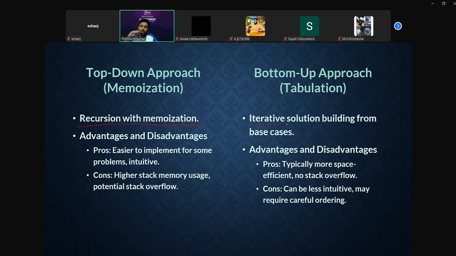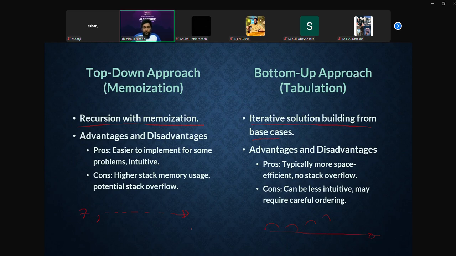Bottom-up has iterative solution building from base cases. Like we build the Fibonacci sequence from the first 2 terms. In this case, we started from the last term and then go into the first terms, right? Those are the 2 ways.